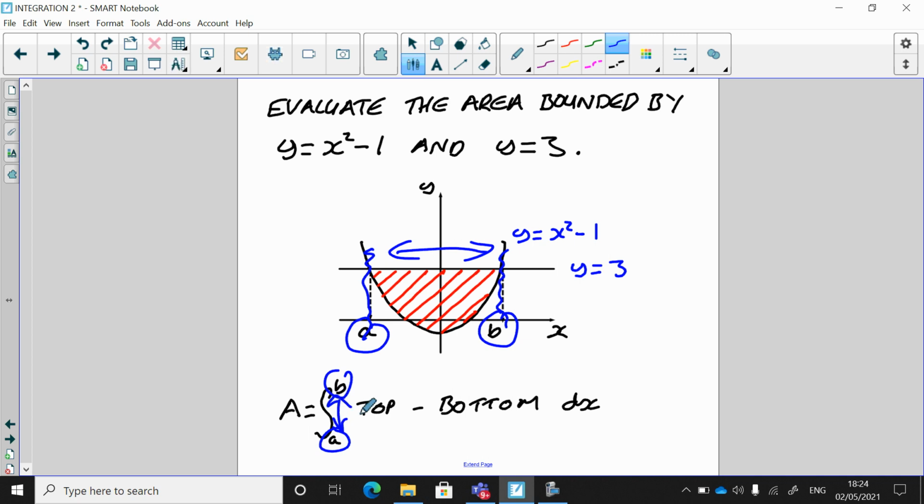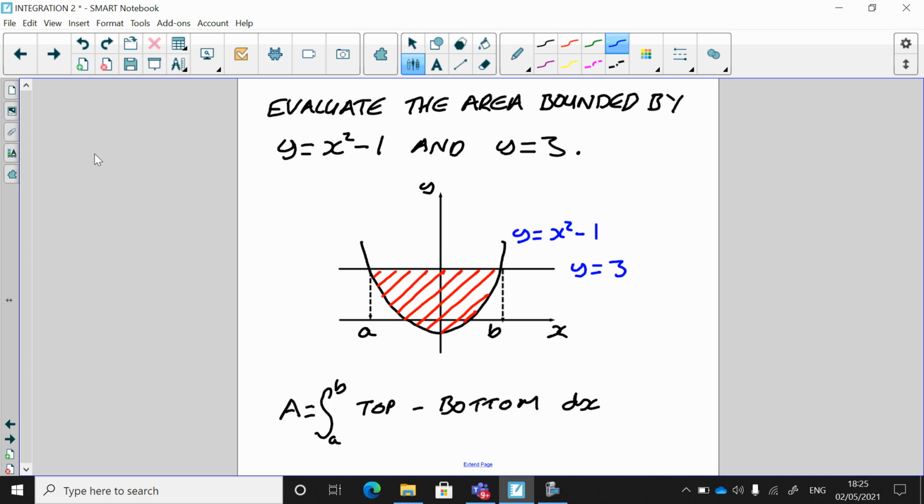That's where A and B are from: the extreme left and right of the boundaries of the area, the horizontal limits.